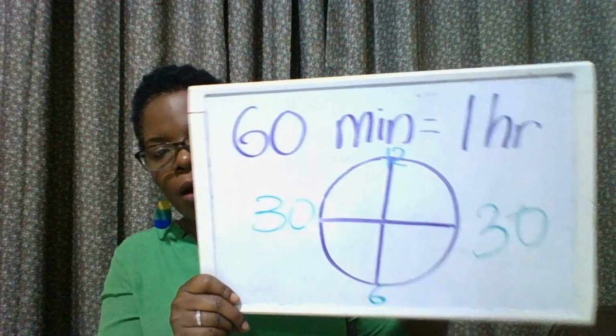Let's go to our 60. Let's go to our clock. Here we have our clock, and a quarter means that whatever we have is going to be divided into 4 equal parts. Let me shade one side like we're doing fractions, so we can see what a half is.